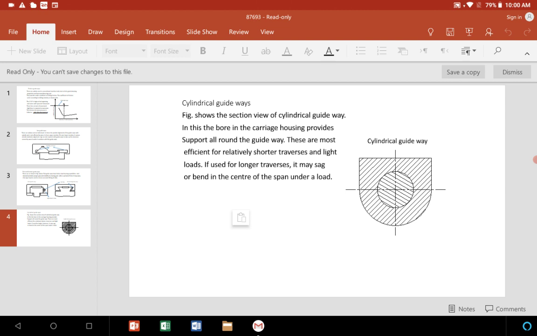So these are a few types of the friction guideways as you observed in the diagram: flat guideway, then dovetail type, then cylindrical type. According to the diagram, it is dependent upon the type of movement, how the sliding takes place. Accordingly, the construction or the shape is provided for these guideways.